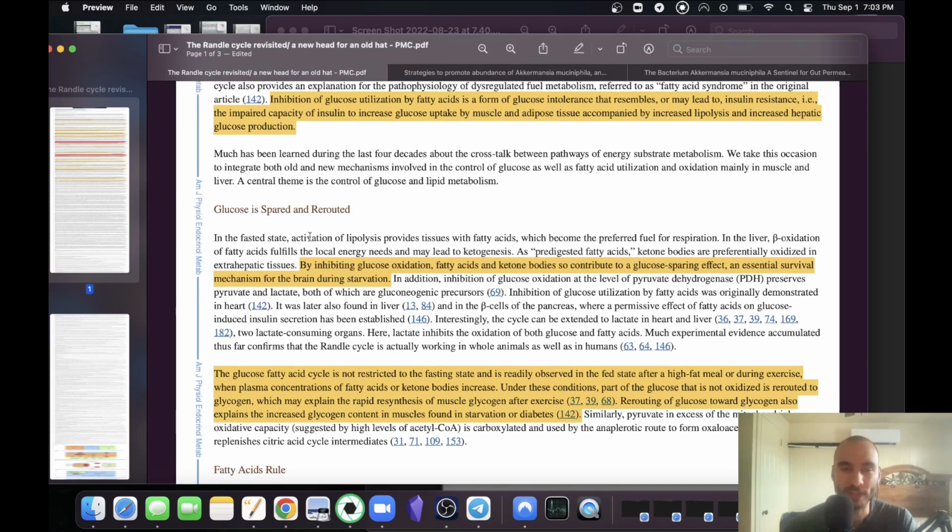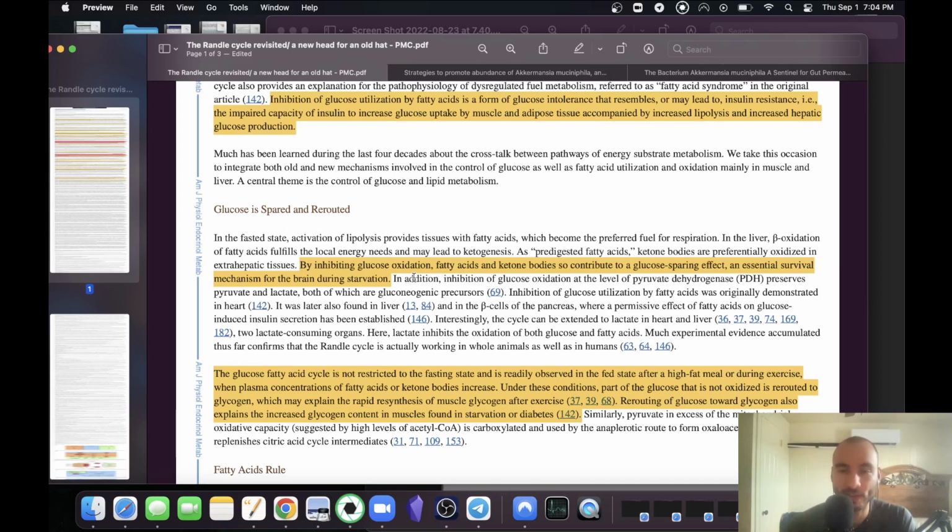They continue here, and what they're talking about in this section is that glucose is spared and rerouted during fatty acid oxidation. This is actually a survival mechanism when you don't have adequate carbohydrate, such as glucose or fructose, coming in from the diet.